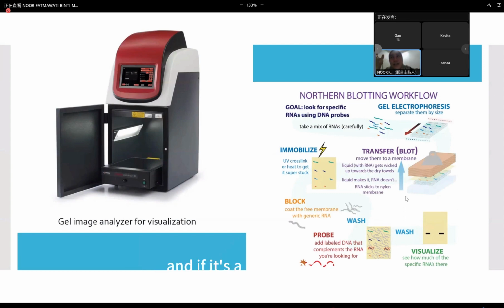And if it's a radioisotope, you need radiography. Usually it's, what do you call that? Just like photography, but you need to expose it with different reagent. So this is northern blot hybridization. You can have a look further.